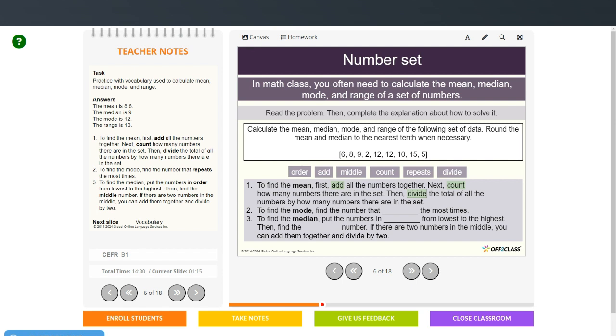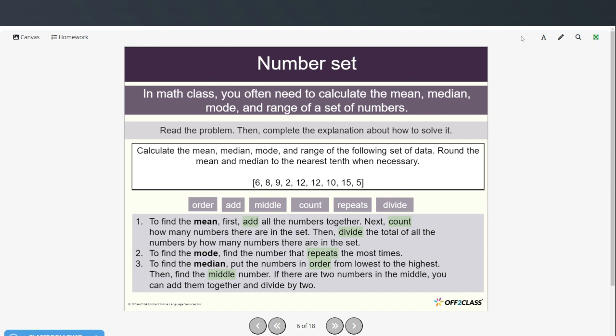To find the mode, find the number that repeats the most times. To find the median, put the numbers in order from lowest to highest, then find the middle number. If there are two numbers in the middle, you can add them together and divide by 2. So those are the definitions of mean, median, and mode.